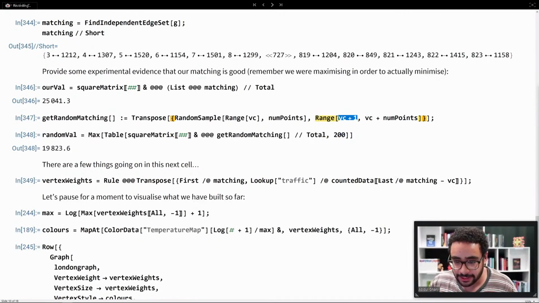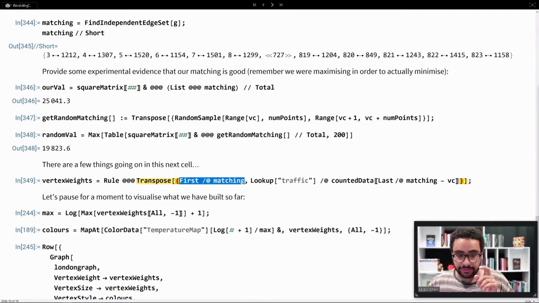So what we do is we take the right-hand side of this matching, subtract the vertex count to get back to our 0 to the number of data points, reorder our data according to those, and look up the traffic. Remember the data has name, snapshot, whatever. We want the number of cars.